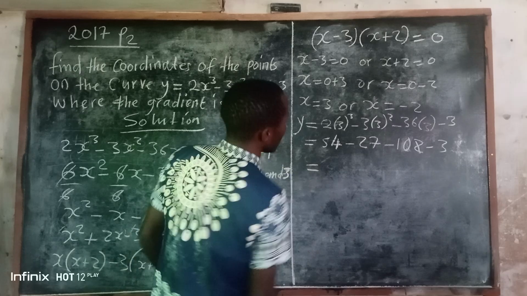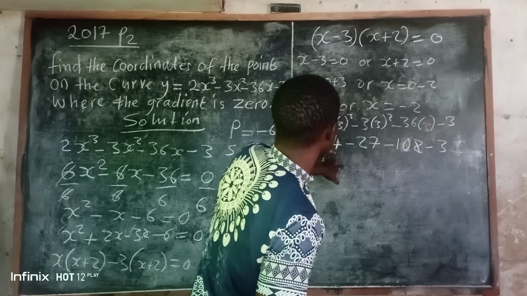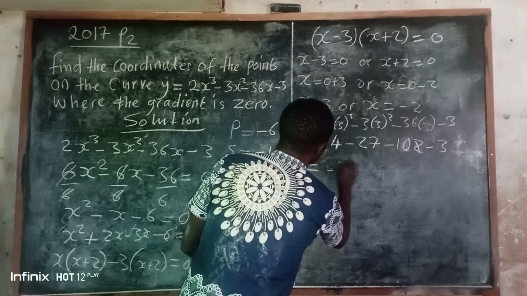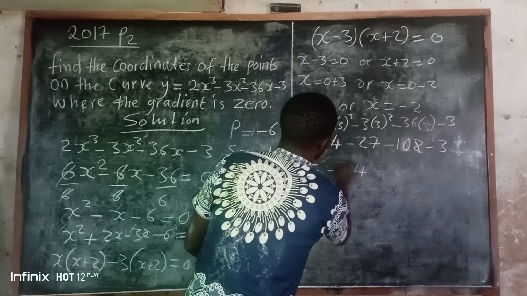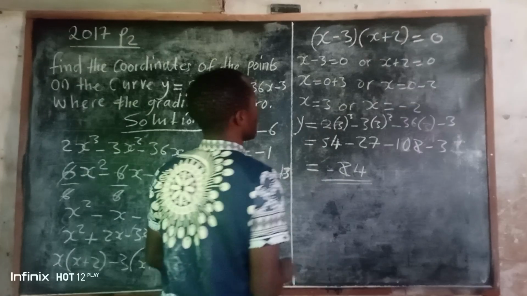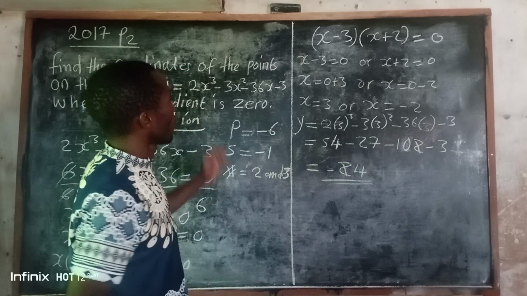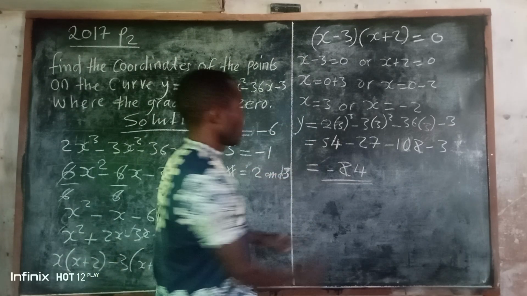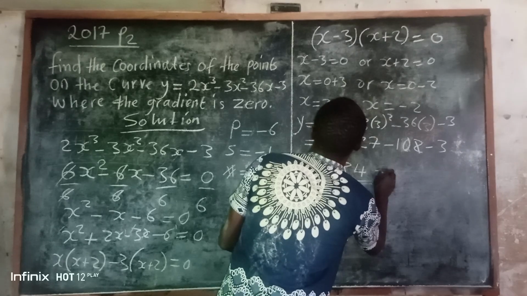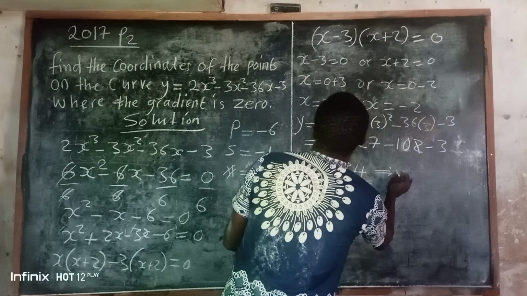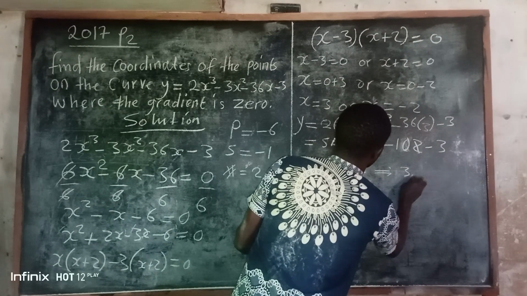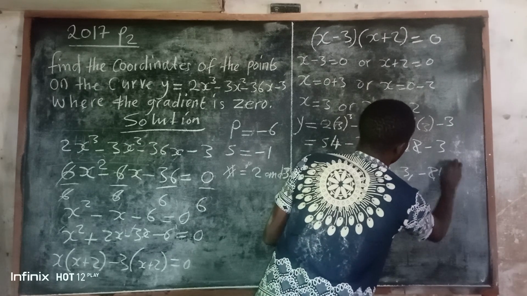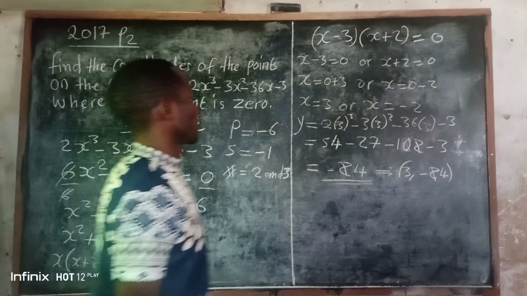Okay? So when you simplify this, 54 minus 27 minus 108 minus 3, the answer will be negative 84. Okay? That will be our answer. So when x is 3, y is negative 84. So there we are going to have 3 comma negative 84. That is the first coordinate.